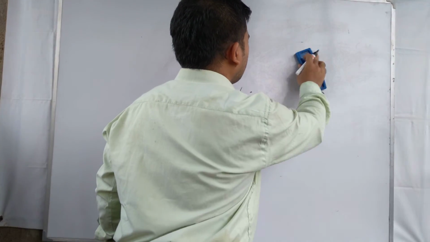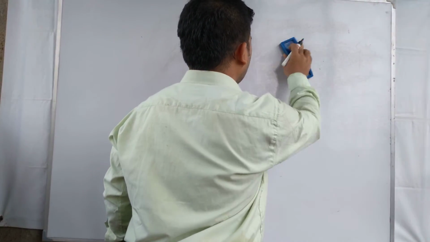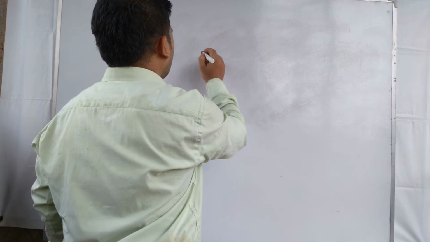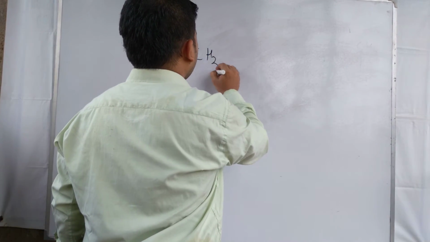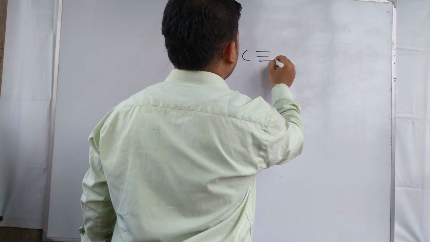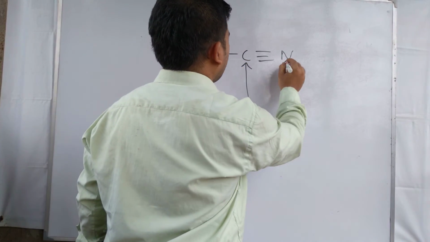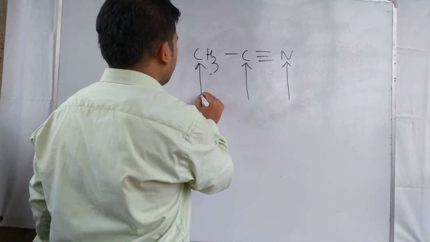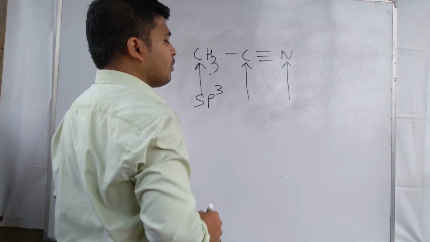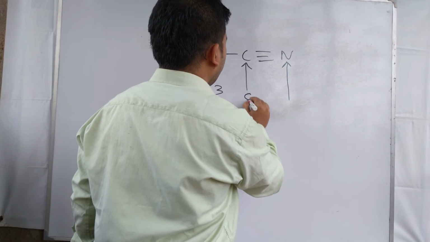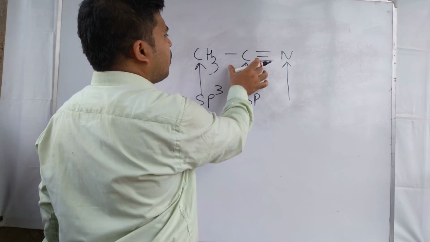Next we take another example where we have to find the hybridization of carbon and nitrogen. Suppose for this molecule we have to find the hybridization of carbon and nitrogen. The hybridization of this carbon is sp3. This carbon is sp hybridized, because only 2 pairs are present.